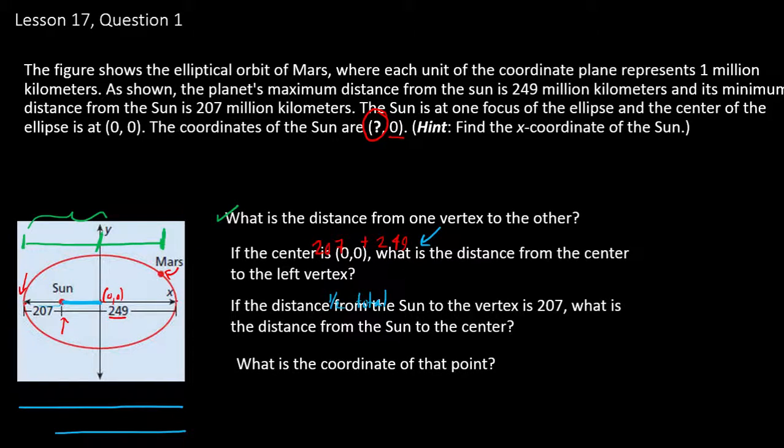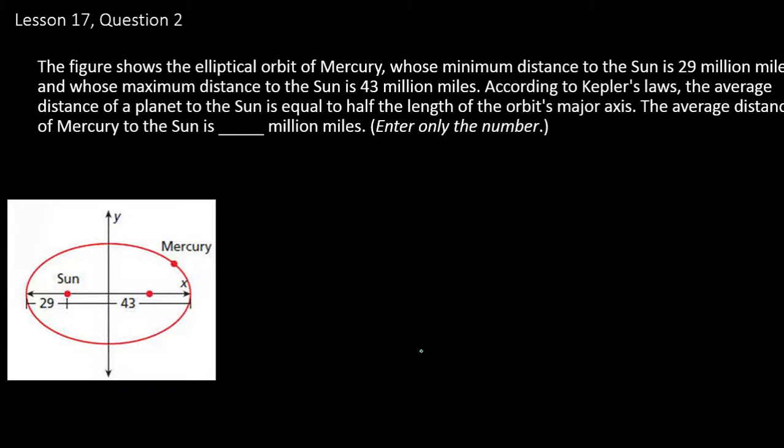That is going to be my x-coordinate, okay? The distance from 0 to wherever the Sun is going to be my x-coordinate. And keep track of your signs here, okay? So is x going to be positive or negative when it's on the left side of the y-axis?